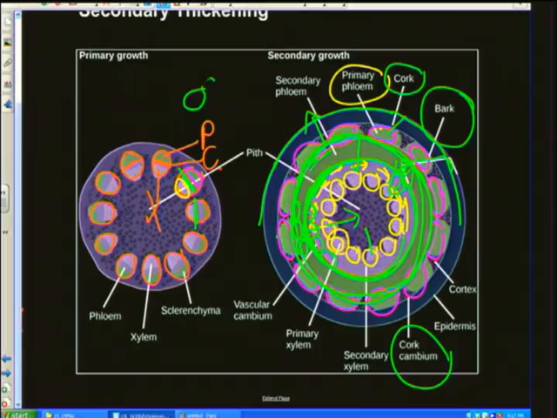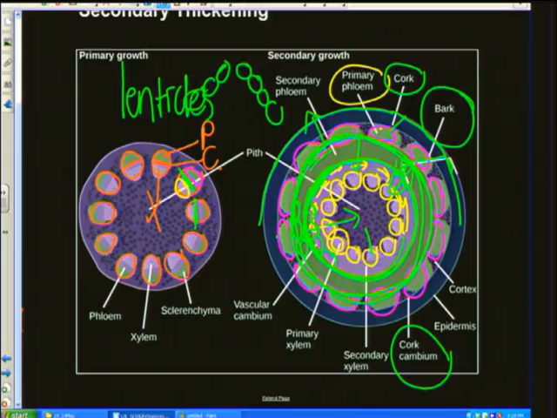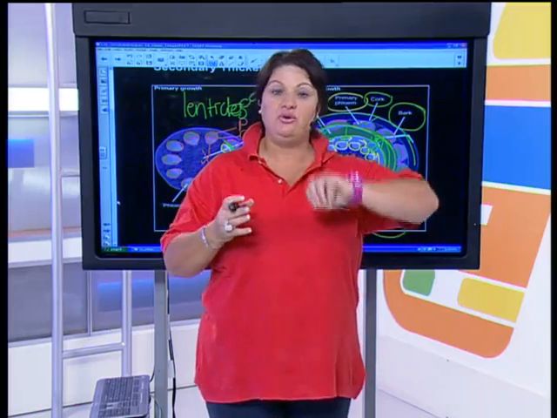So what the stem develops are cells that divide, and they've got a little hole at the top, and they are called lenticels. So on a dicotyledonous stem, the plant is able to bring in oxygen and carbon dioxide, gaseous exchange, through lenticels.